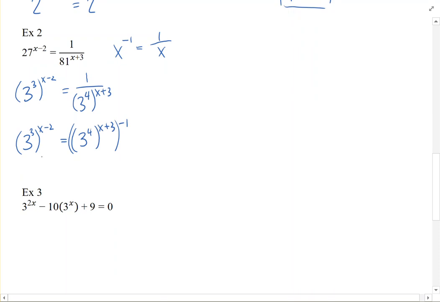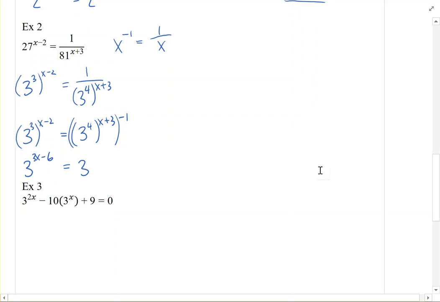Now, we're just going to do the same thing. We do have the same base, so let's just multiply it out. So 3 to the 3x minus 6 equals, I was going to break it up into two steps here. When we have 4 times negative 1, that's negative 4.